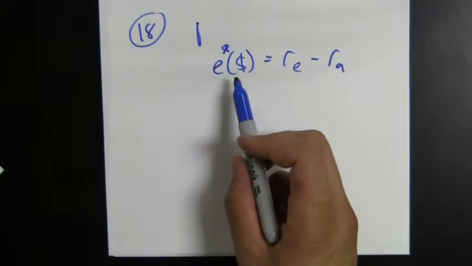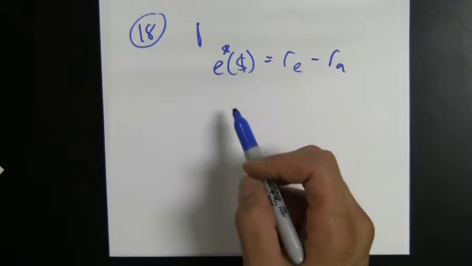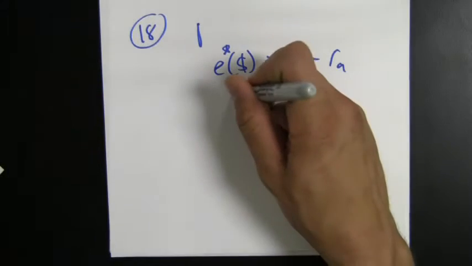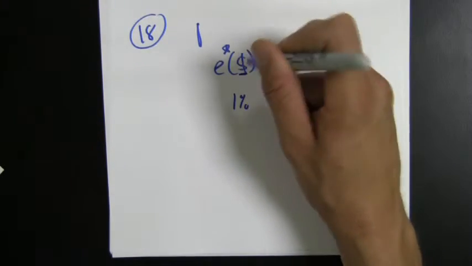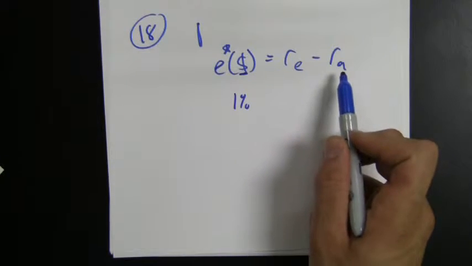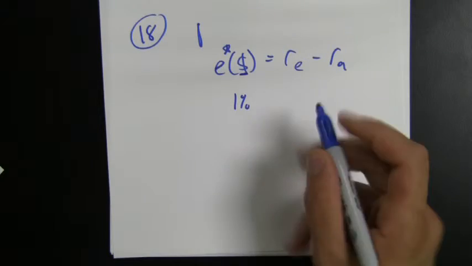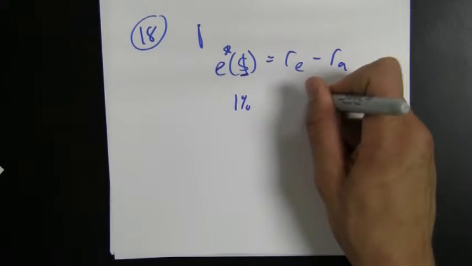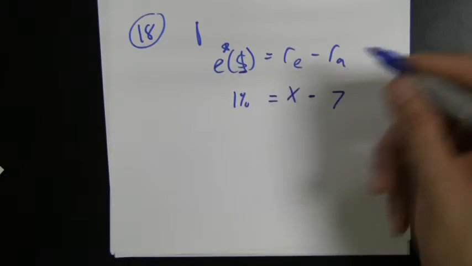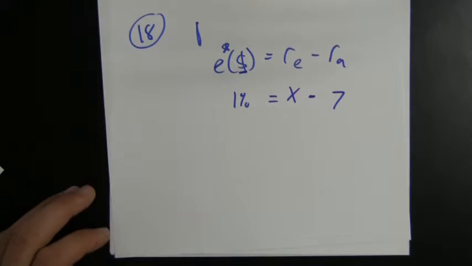Well, the problem is here we're given the exchange rate. So the market expects E star to be 1%. And because we're given dollars, we know Chicago is at home. Chicago is absolutely at home. So what we can do is we can plug Chicago's interest rate here and solve for X. And that's how we would get the interest rate in Paris.